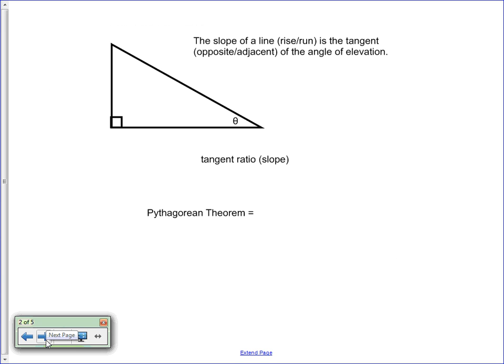Okay, so the next concept is looking at tangents. If I'm looking at a slope of a line, then there's an angle right here that I can measure. And I can do that by finding the tangent of this angle here, which we call the angle of elevation.